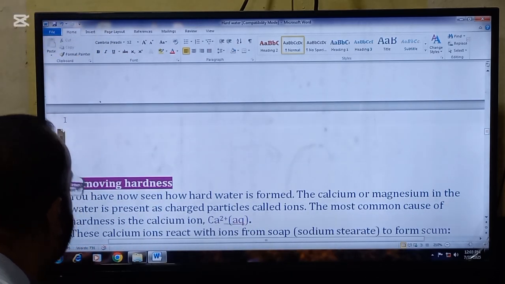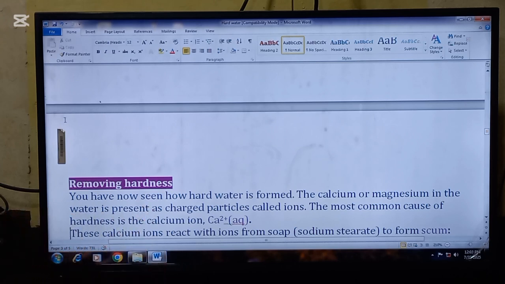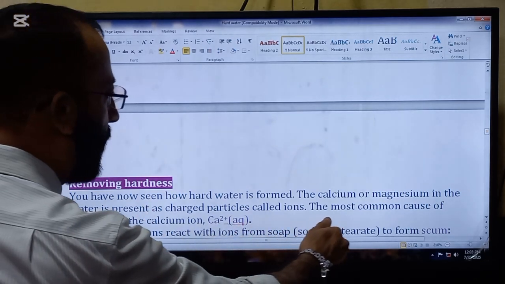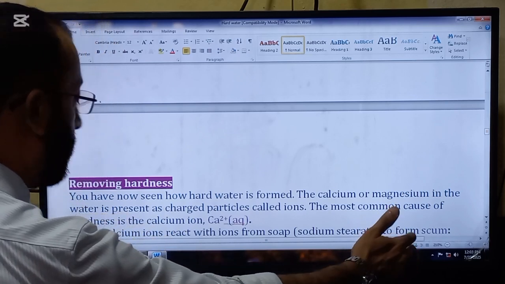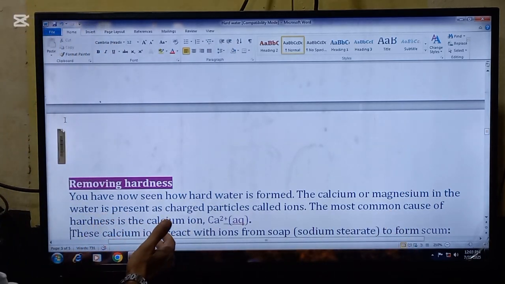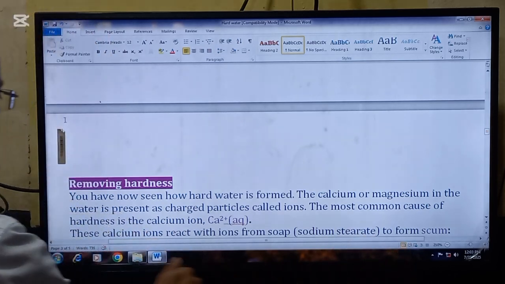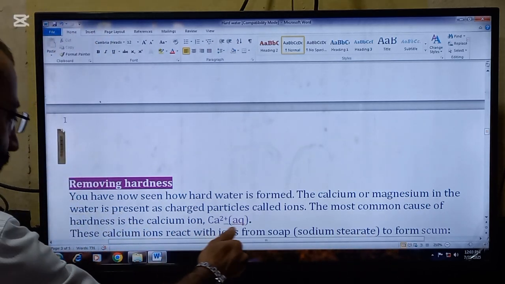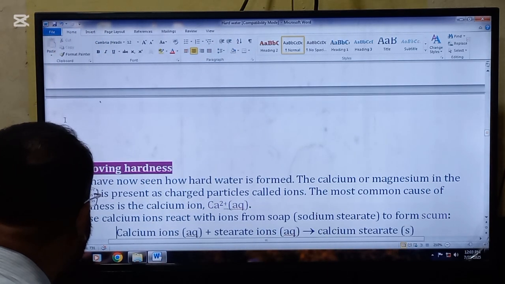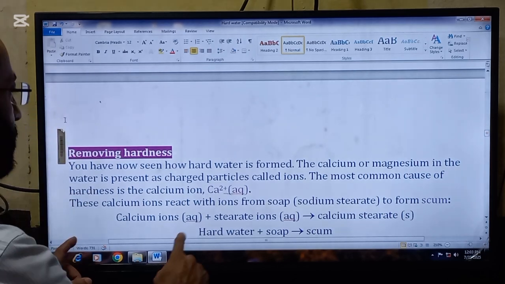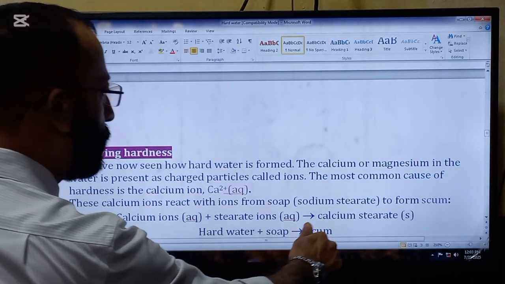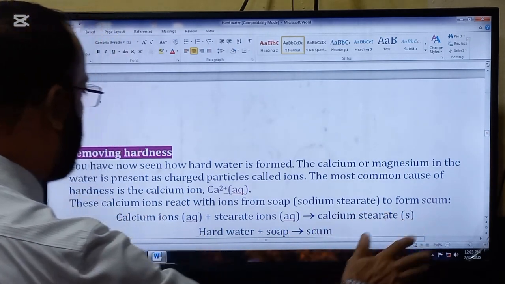The next thing that we are going to read is removing hardness. You have now seen how hard water is formed. The calcium or magnesium in the water is present as charged particles called ions. The most common cause of hardness is the calcium ion, that is Ca2+. These calcium ions react with ions from the soap, sodium stearate, to form the scum.